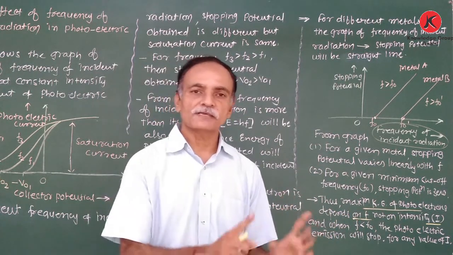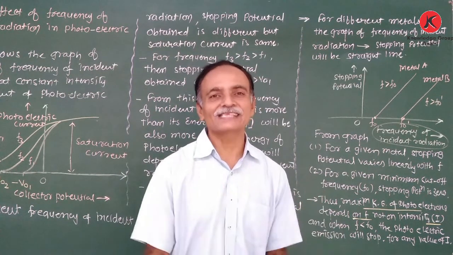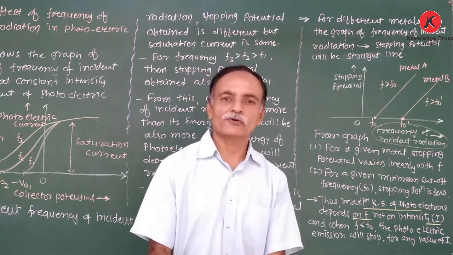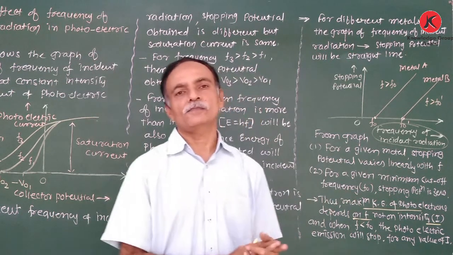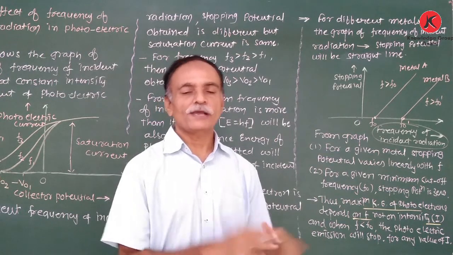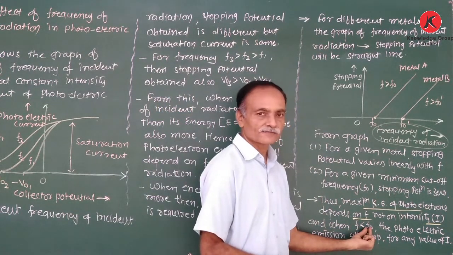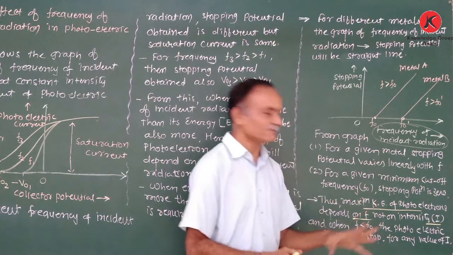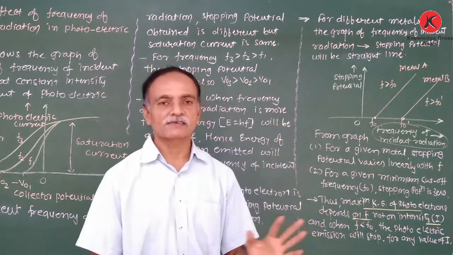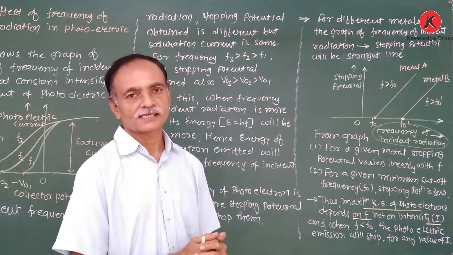If the frequency of incident radiation is less than the threshold frequency at any intensity, no photoelectrons are emitted from the emitter or the cathode. To emit photoelectrons, the minimum frequency required is F0. If F is less than F0, photoelectric emission will stop at any given intensity.